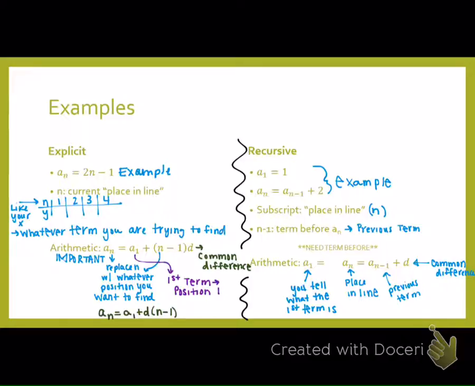Okay, so one last thing before we get into examples that I want to talk with you guys about is what things you're going to replace and what things are going to stay in the formula. So it's important that you understand that anything that has a box around it is the only thing you're replacing. So the only things that you will replace in these formulas are the things with boxes around them. So you'll put a number here, and you'll replace this.